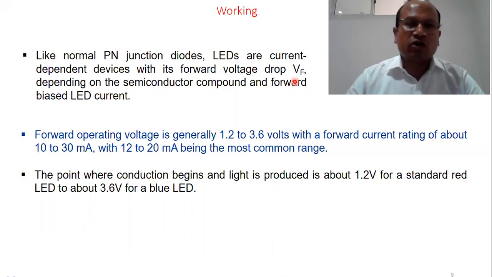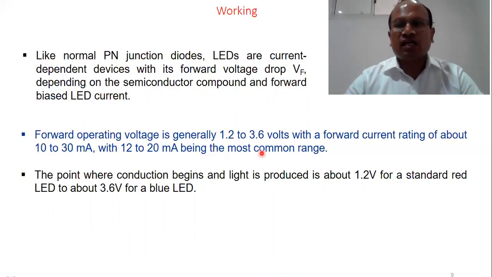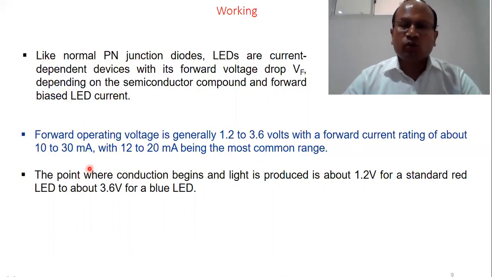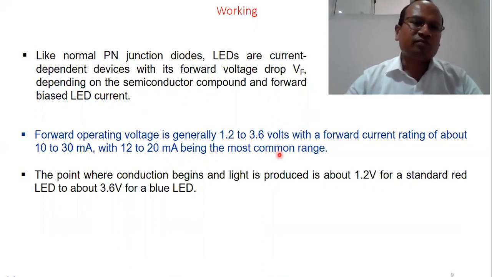So there is a voltage drop which needs to be overcome, depending on the semiconductor compound and forward bias LED current. The forward operating voltage is generally 1.2 to 3.6 volts for a forward current rating of about 10 to 30 milliampere, with 12 to 20 milliampere being the most common range.